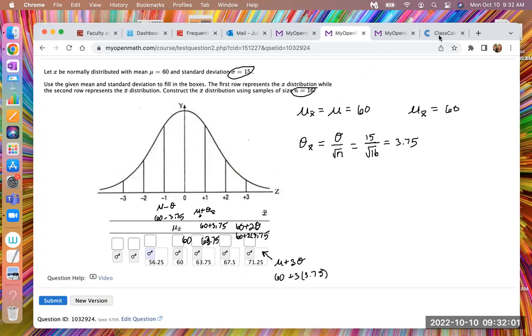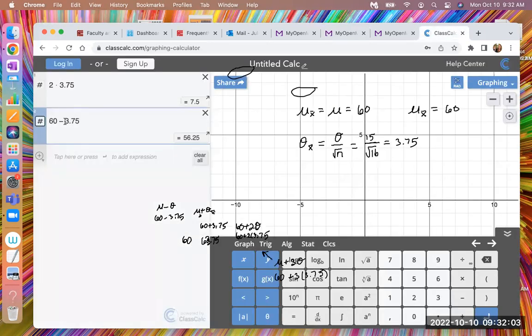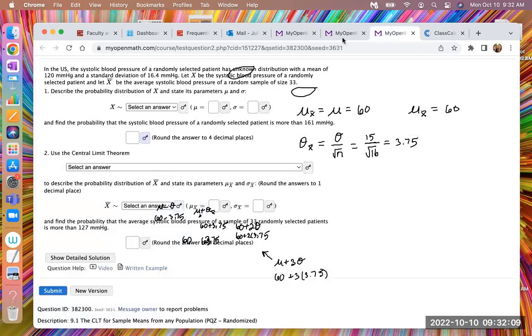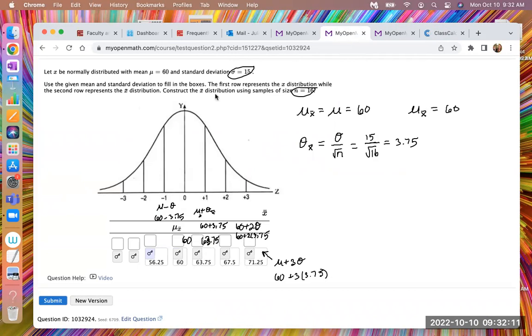Now we need to do minus 2. So this box right here is the mean minus 2 standard deviations. So it's 60 minus 2 times 3.75.